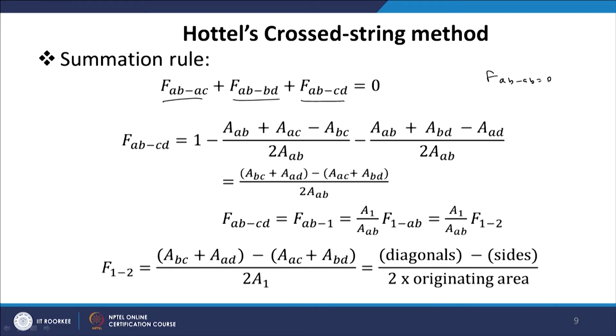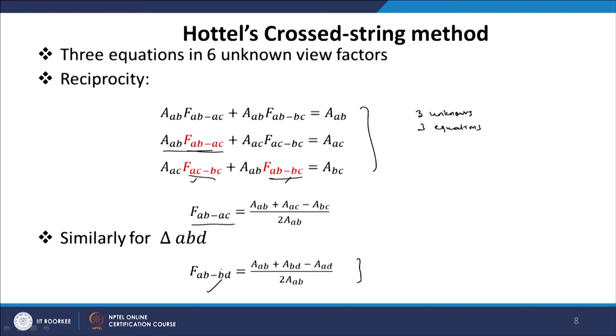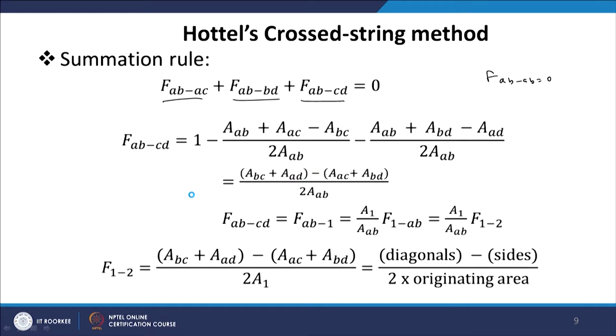Now, this time not to the triangle, but to the quadrilateral, and the expression for F_AB to BD is already found, F_AB to AC is already found. So, these two expressions we have already found. Okay. Now, we basically solve for F_AB to CD. Okay. This is the unknown here, and when we put the values of F_AB to AC and F_AB to BD in this relation, we can simplify this. Okay, F_AB to CD.